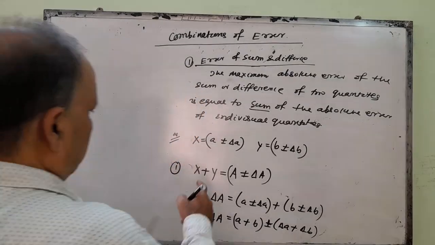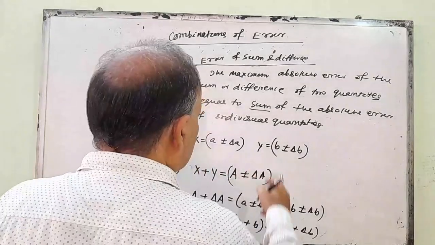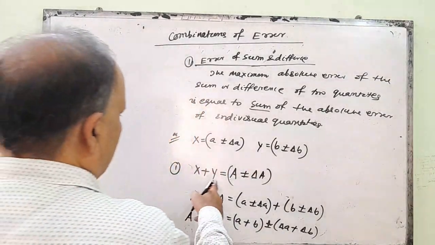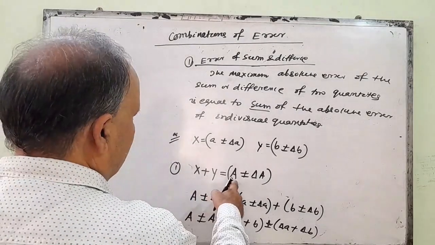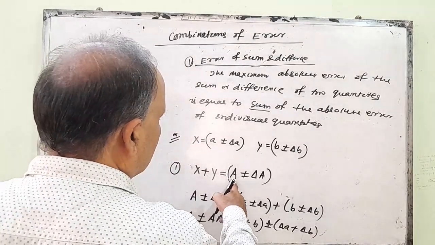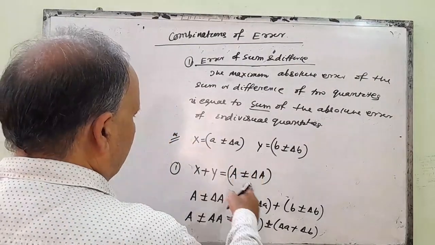But you see, here a is the true value of x and b is the true value of y, and when we add x plus y, that is a, the true value of x plus y.